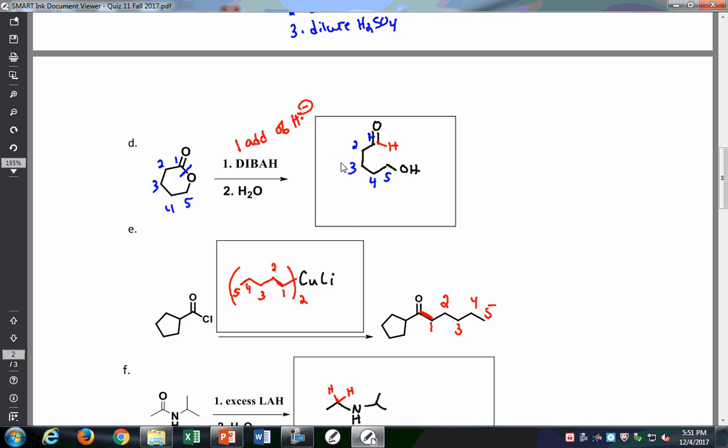Okay, and then synthesis. I think the mechanism section, I mean, you need to know your mechanisms. If you don't know mechanisms, that's an easy 15 points you're not going to get on the test. And then I have a little bit of miscellaneous questions, like maybe explaining aromaticity using Frost circles, or maybe looking at things like explaining reactivity of the different derivatives, things like that.